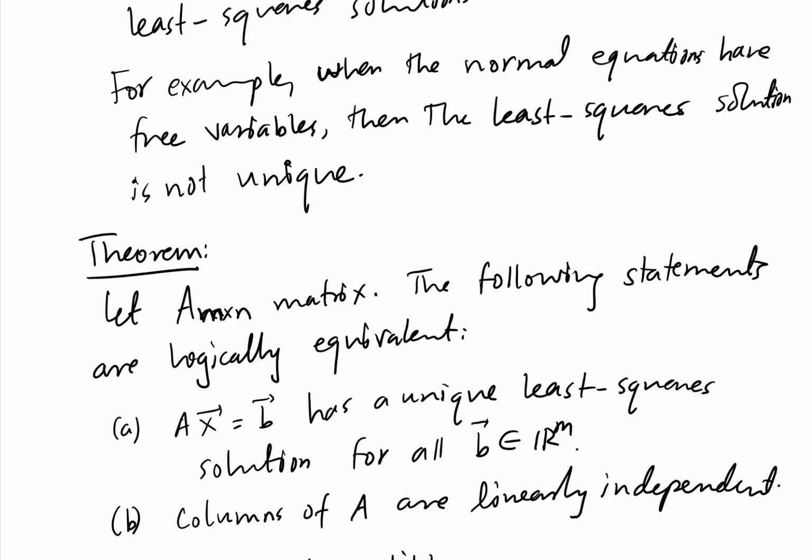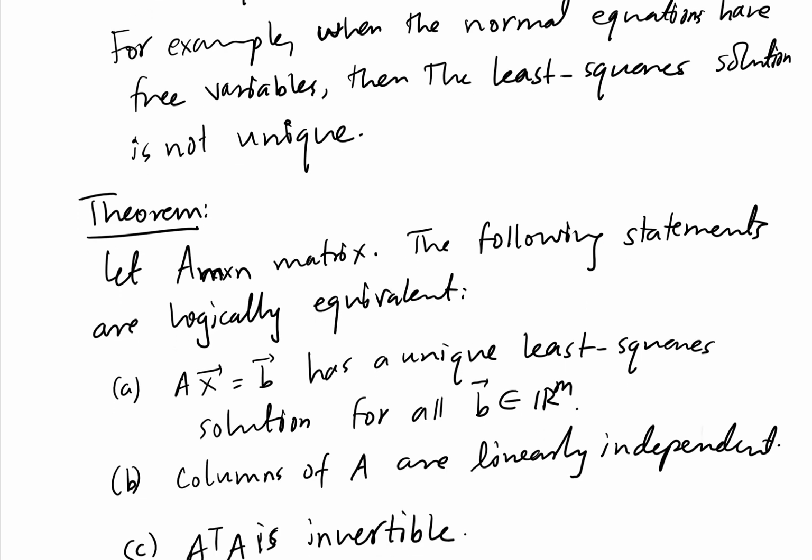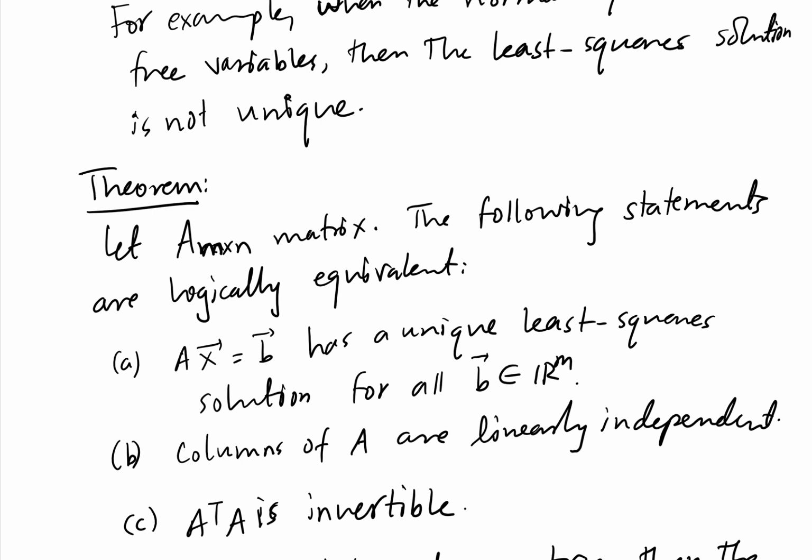The first one, that Ax = b has a unique least squares solution for all b in R^m, where m is the number of rows, is equivalent to saying that the columns of A are linearly independent, and it's equivalent to saying that A transpose A is invertible.